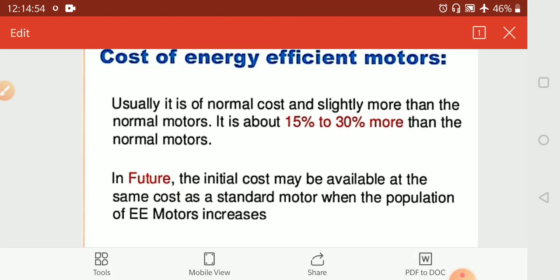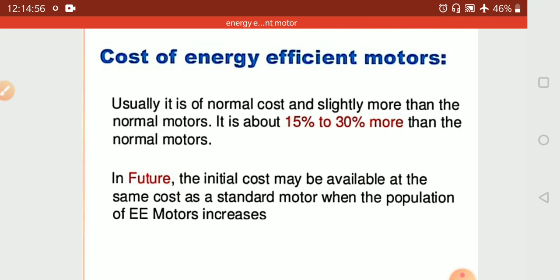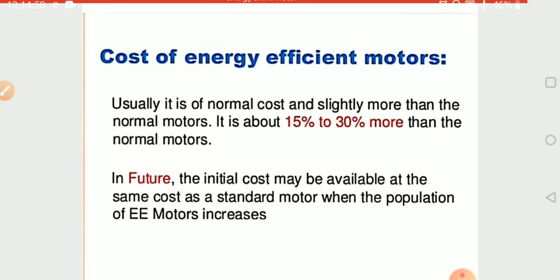The cost of an energy efficient motor is usually slightly more than the normal motor. It is about 15% to 30% more than the normal motor.